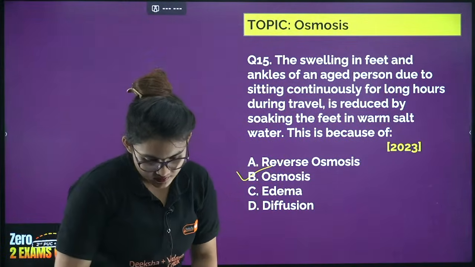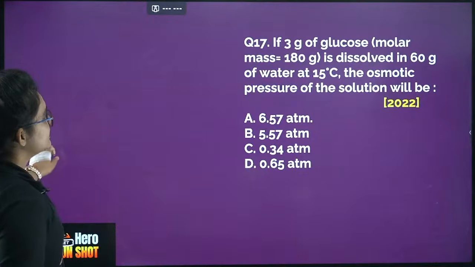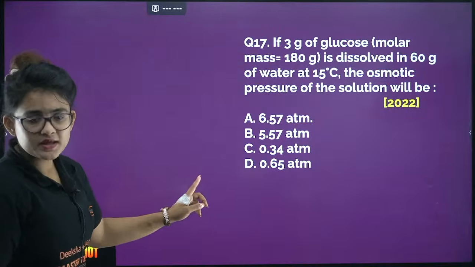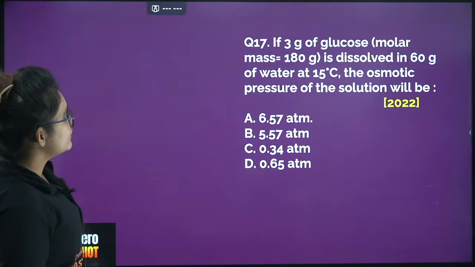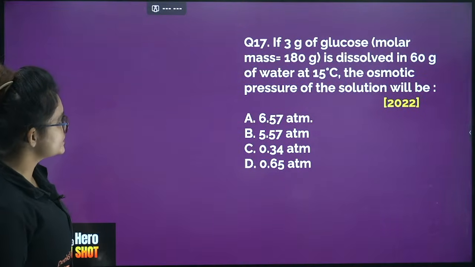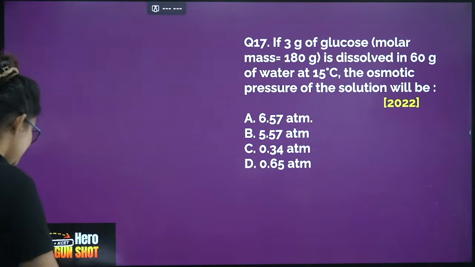Yes, let's proceed. Here you can see the next question, also from KCET. If 3 gram of glucose is dissolved in 60 gram of water at 15 degrees Celsius, find the osmotic pressure. Let's see how to proceed.